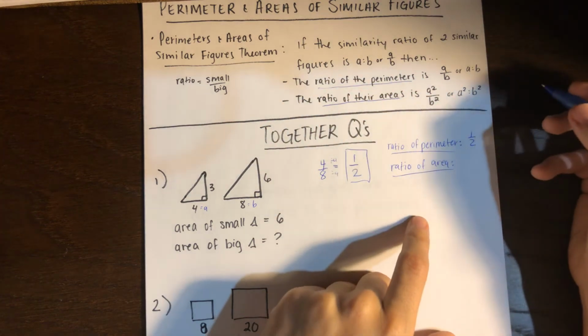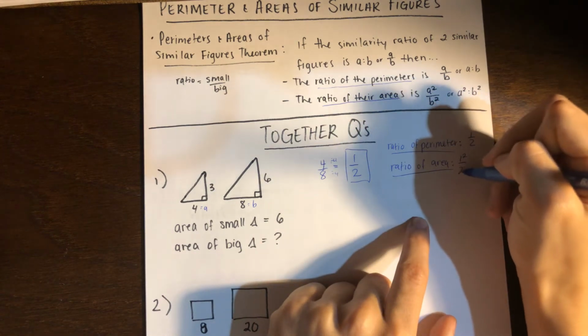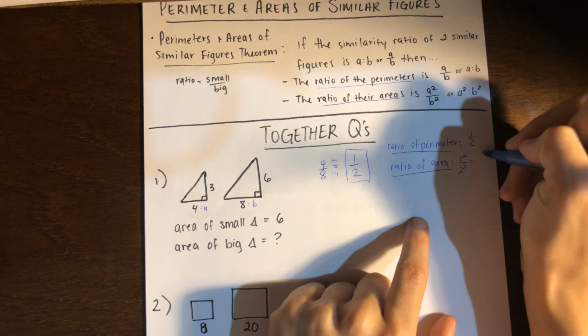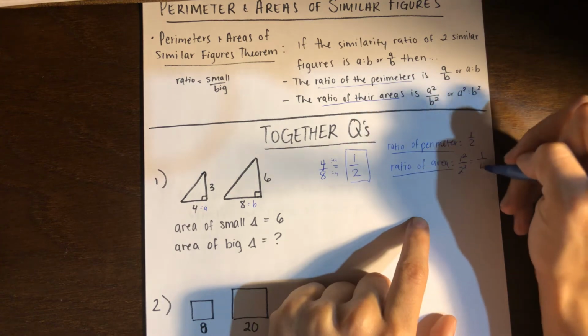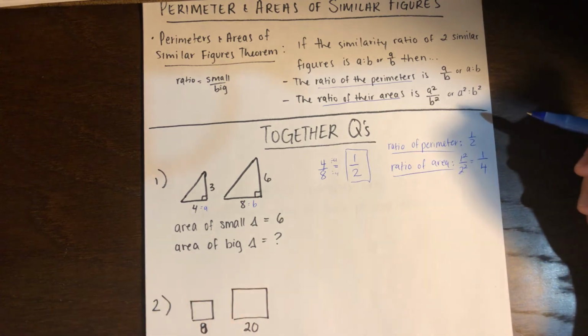we're going to do 1 squared over 2 squared because it's just squaring them. 1 squared, 1 times 1 is 1, 2 times 2 is 4. So we have our two ratios.